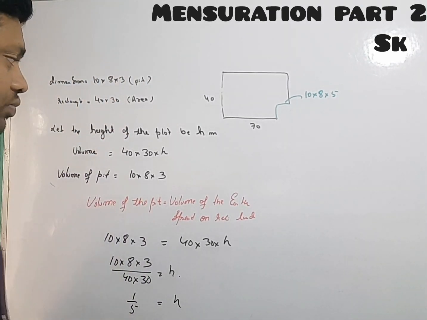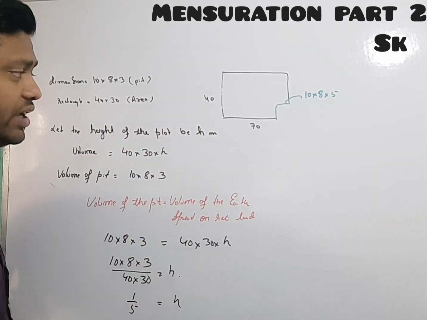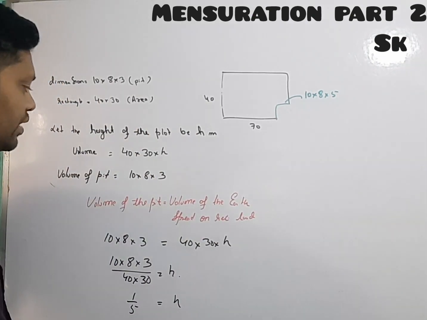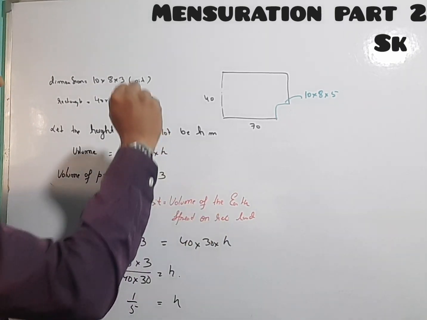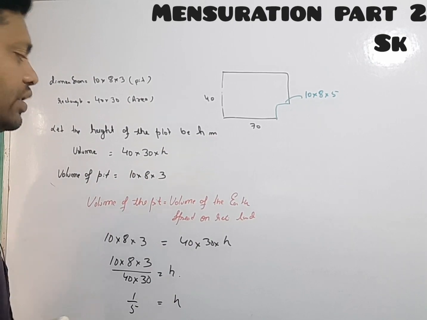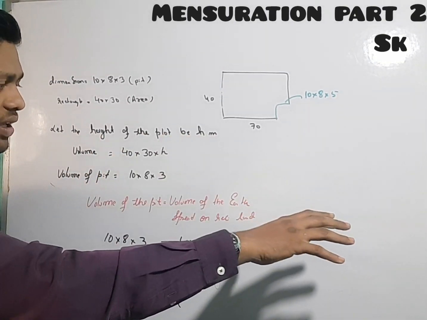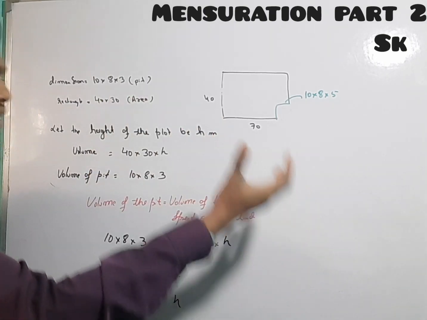Now what is the difference in this one? In the previous case they are not saying that the sand goes on a particular area. They are saying I am just making a pit and throwing the sand on a particular area.